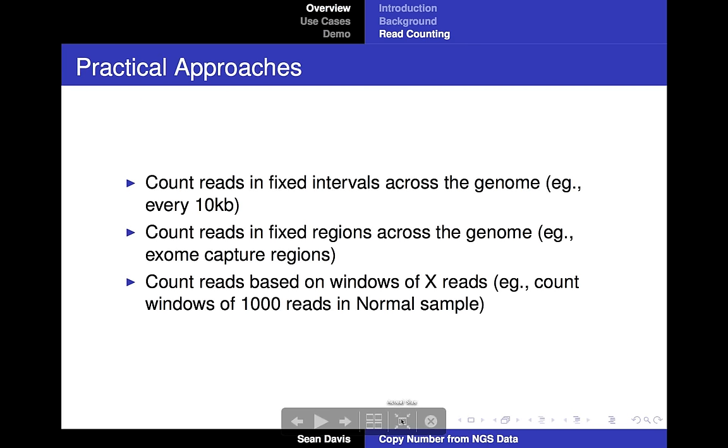The advantage of the last point is that we can take into account variation in read density, as, for example, happens in exome capture experiments, where we have very high coverage over the exome, but in the intergenic regions we have much lower coverage. We'd still like to use the reads in the intergenic regions to help us estimate copy number.